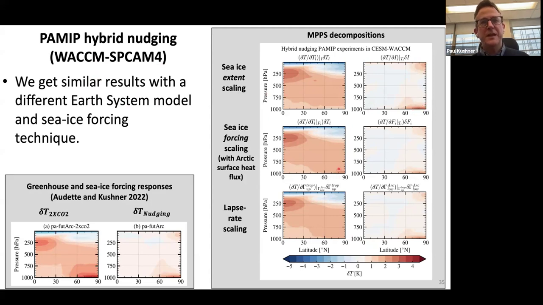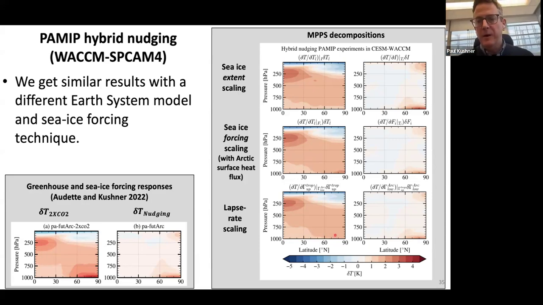But if we use the forcing scaling, or lapse rate scaling, we get a bit more nuance. There's a bit of Arctic warming that's attributed to tropical warming, and given that the tropical warming leads to so much more poleward moisture transport, we think that's a reasonable picture to paint, and it gives a bit more of a role for the mid latitude poleward heat transport in driving this.